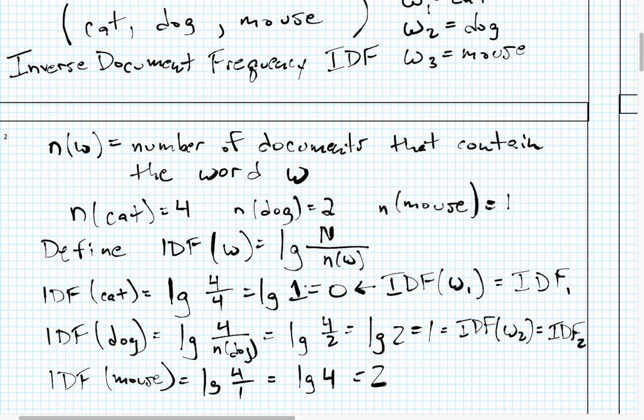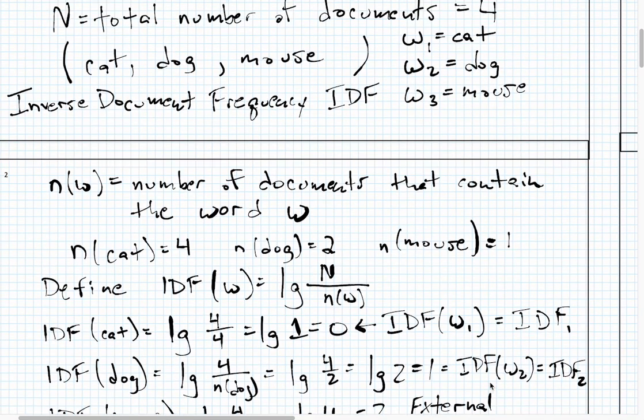So this is all just notational stuff. And the IDF, again, we talked about this in class. I like to think of the IDF as an external measure. Everybody okay so far? Okay.